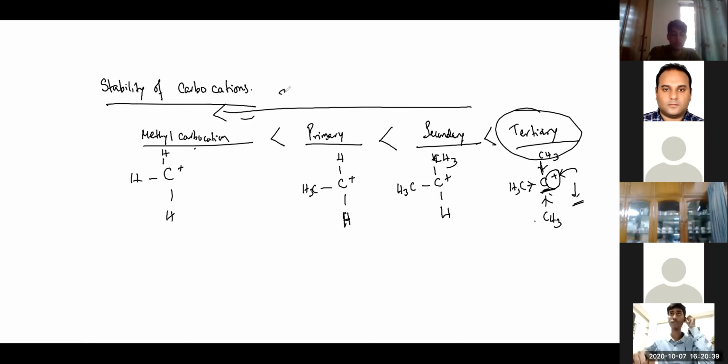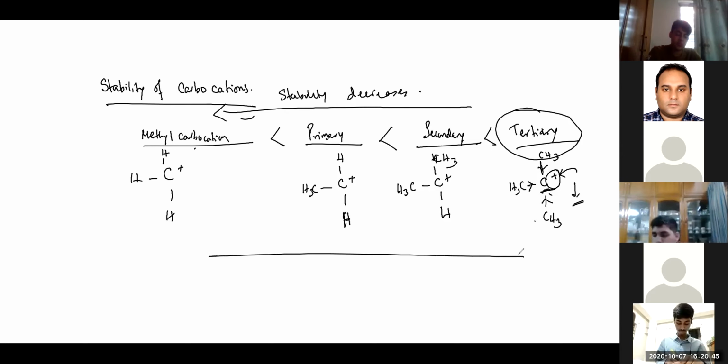So stability increases from methyl to tertiary. So that is the reason primary alcohol ke oxidize korle we get carboxylic acid.